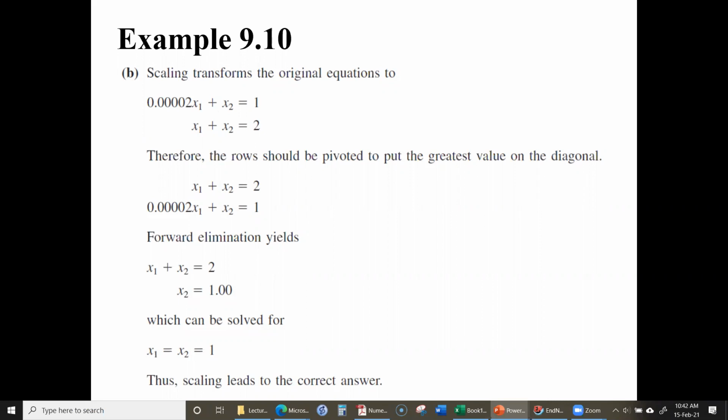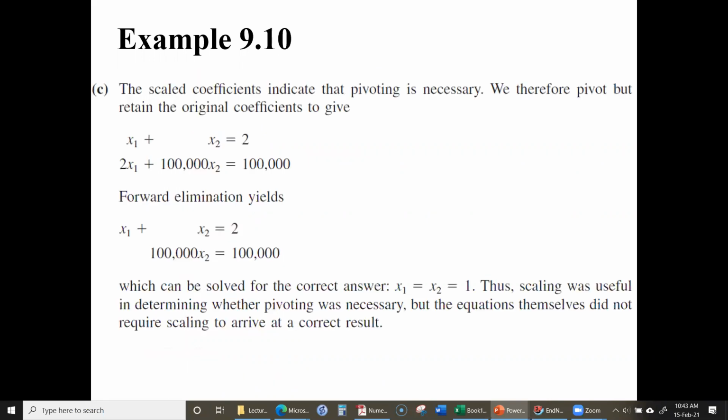So this example 9.10 shows that even if we are limited by the number of significant digits, by using scaling and pivoting methods we still can get good enough results, just like we have done in this case. x1 is equal to 1, x2 is equal to 1. So scaling and pivoting are good techniques for getting the results.